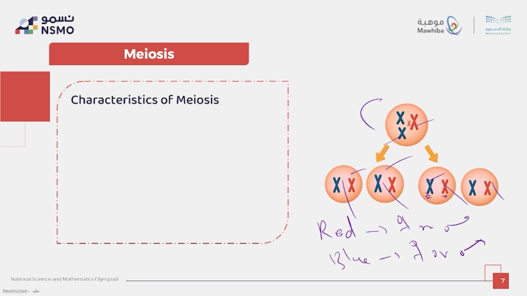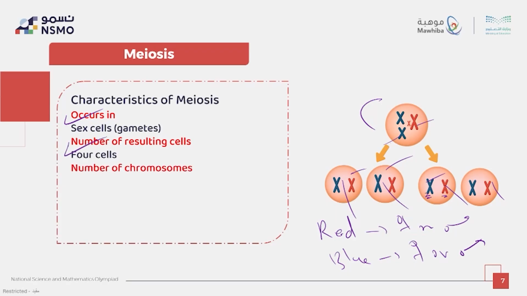So let's answer these upcoming questions. Where does it occur? Of course, it occurs in gametes. The number of resulting cells, as you see, is 4 genetically different cells. That's it, 4 cells. And the number of chromosomes?